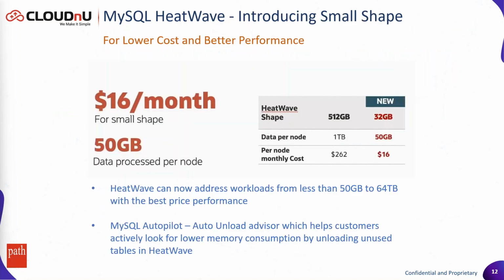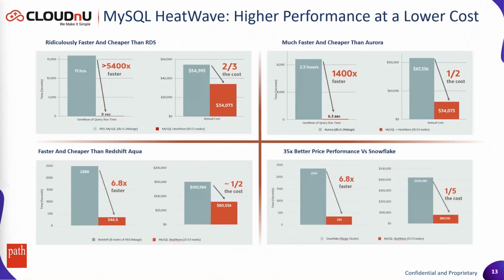Now, let's talk about price. You have all of these functionalities. You can do so much stuff that you could not do in other clouds without having multiple databases and headaches. What's the cost? Well, MySQL HeatWave is faster and less expensive than any cloud database.